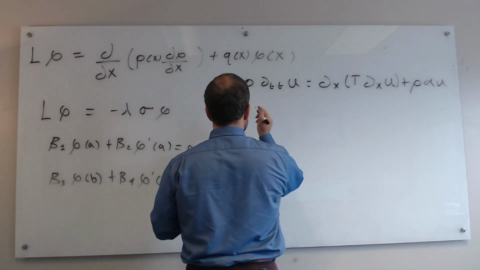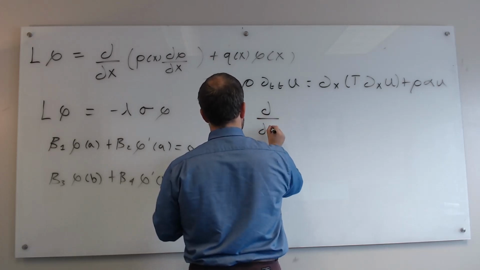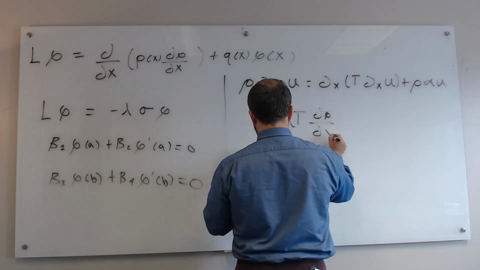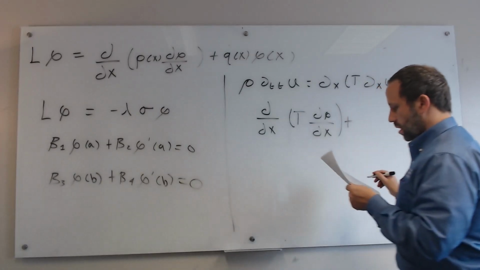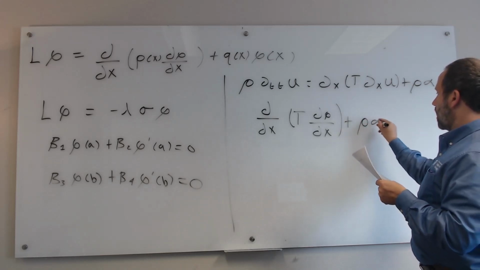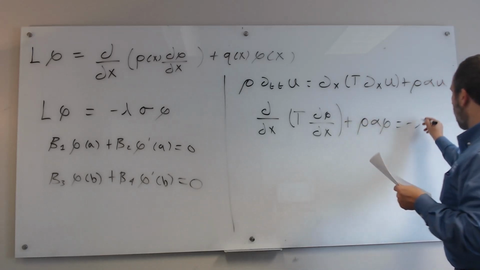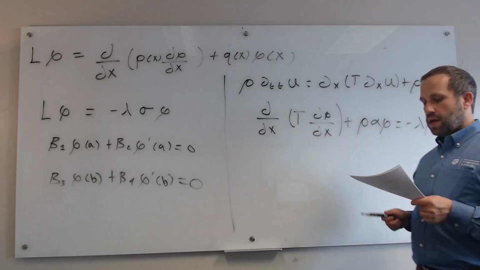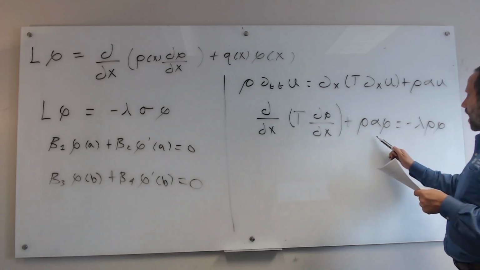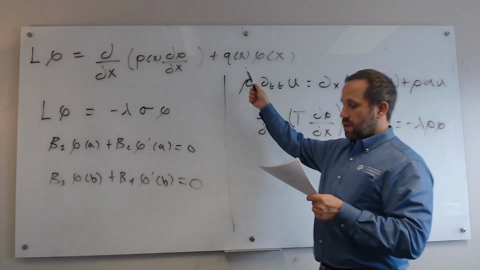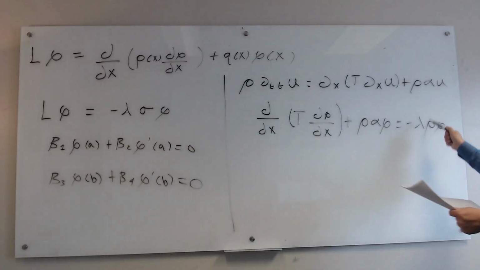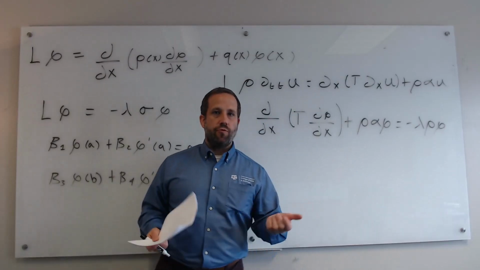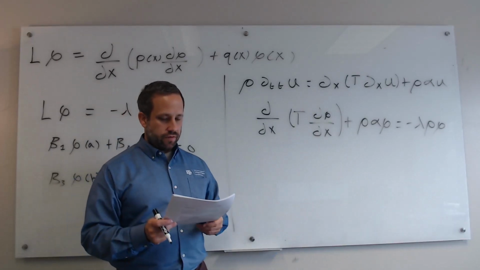And so the corresponding Sturm-Liouville problem would be the derivative with respect to x of T times the derivative of phi with respect to x, plus rho alpha phi, is equal to minus lambda rho phi. Okay, so here P would be equal to T, rho times alpha would be equal to Q, and then rho would be equal to sigma. And those all satisfy the positivity and the regularity conditions that they need to satisfy.